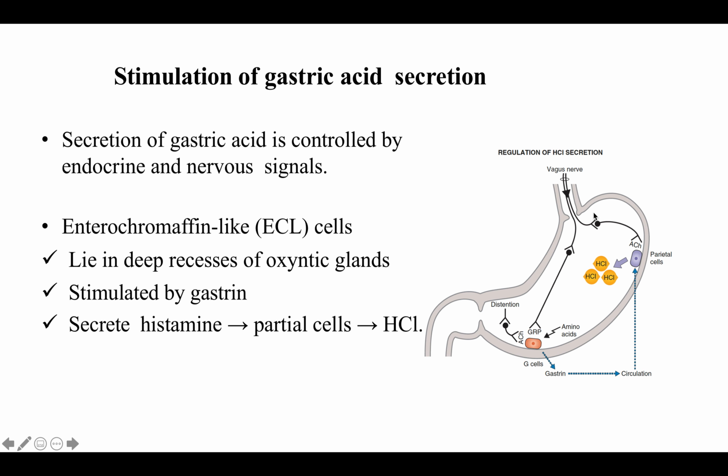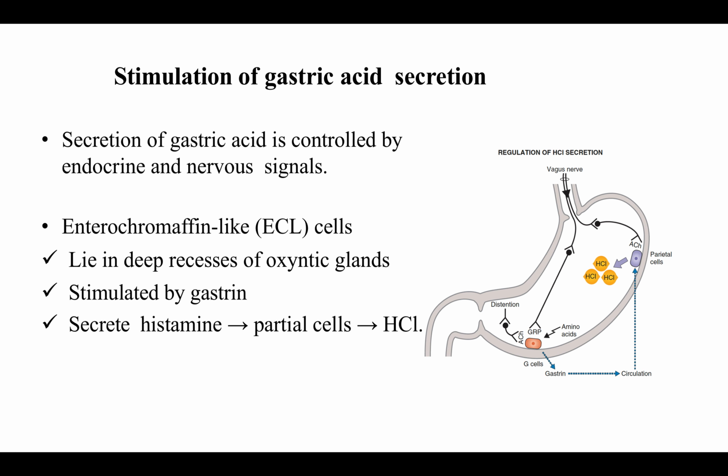Also, vagus nerve stimulation of the gastric G cells will result in release of gastrin into the circulation. This gastrin goes through the circulation to the parietal cells, stimulating them to secrete more HCl. Also, local reflexes within the enteric nervous system result in release of acetylcholine that stimulates the G cells to produce gastrin, and also amino acid components of the gastric chyme will result in the secretion of gastrin.